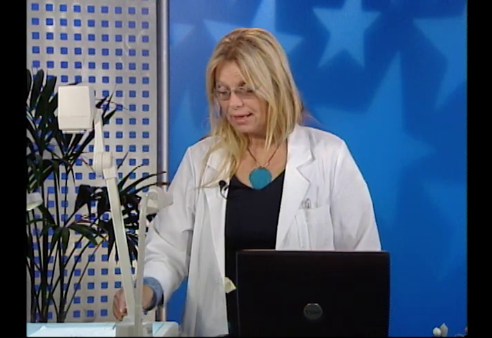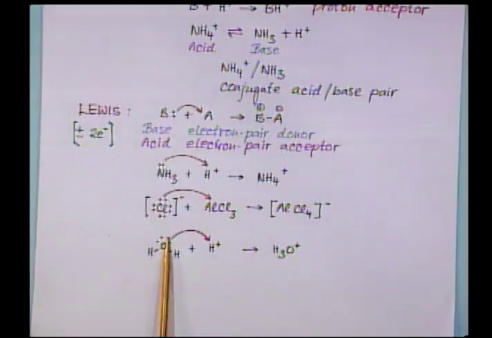Very valuable for organic synthetic reactions. And of course water would also be here considered in this reaction as a proton acceptor to make the so-called hydronium ions, which are the actual acidic ions that taste sour on our tongue. These are the actual acid carriers, but this would also be an acid-base reaction.